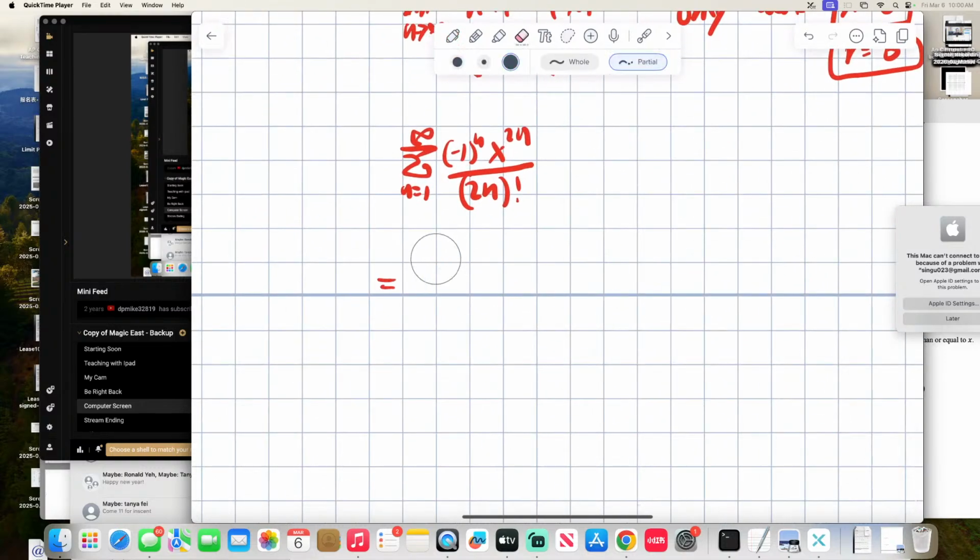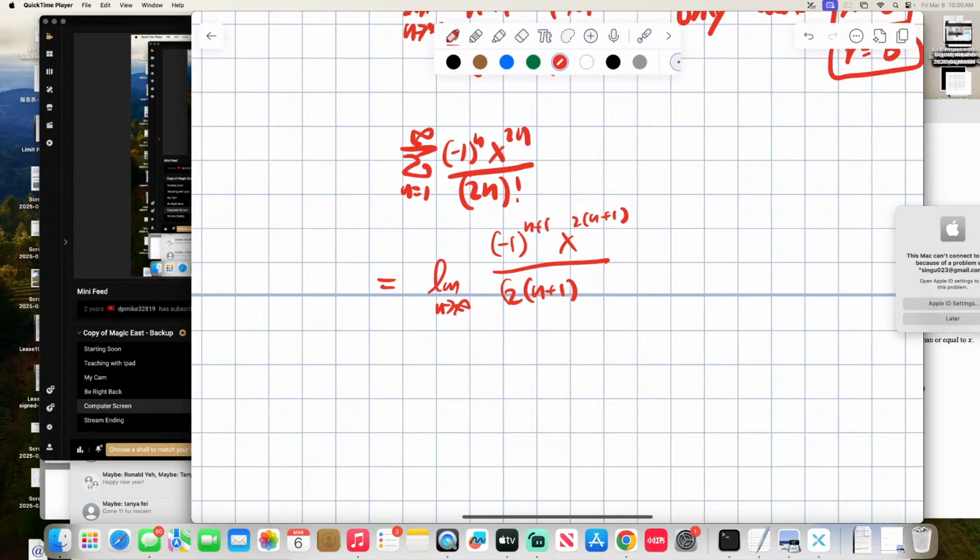So it is limit as n approaches infinity of negative 1 to the n plus 1, times x to the 2n. Be careful, this is n plus 1, right? Did you do that? Okay. Over 2 times n plus 1 factorial. Did you guys do that?